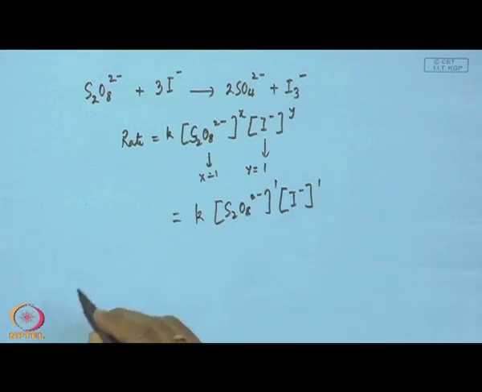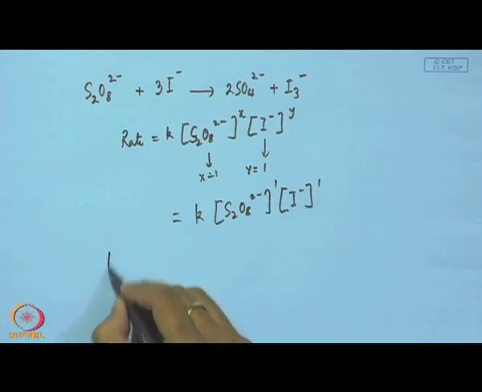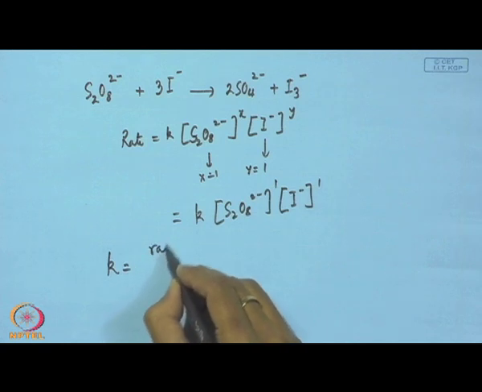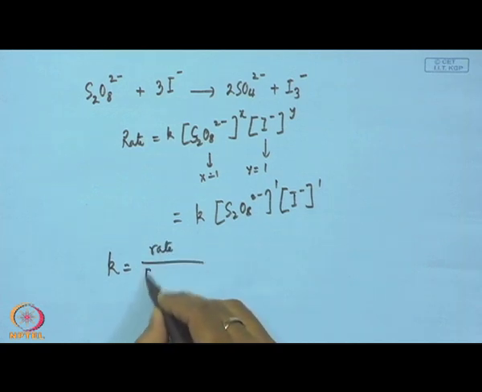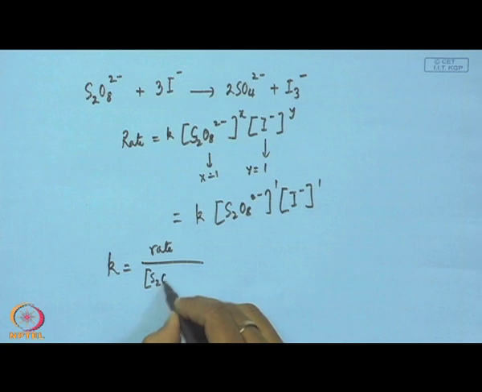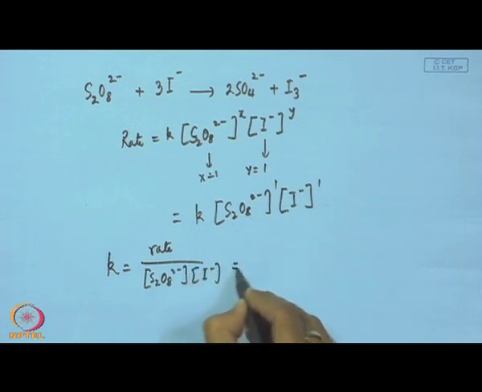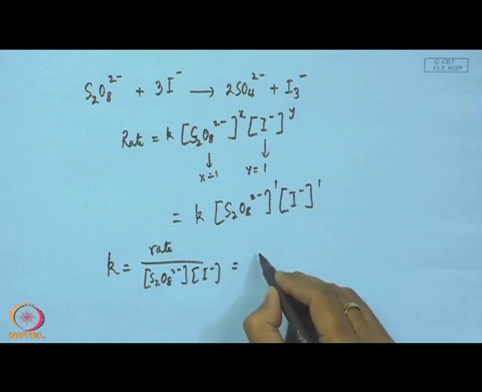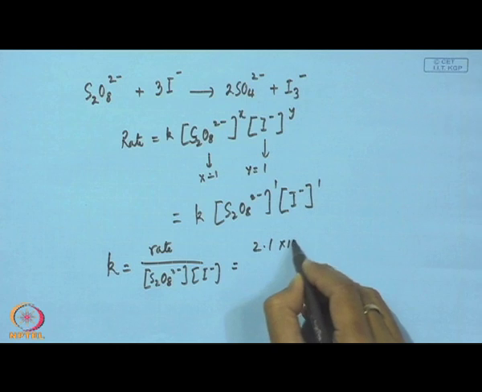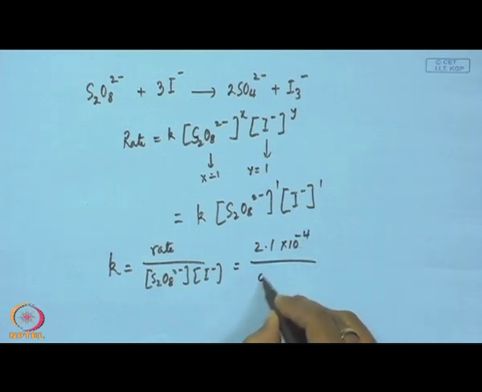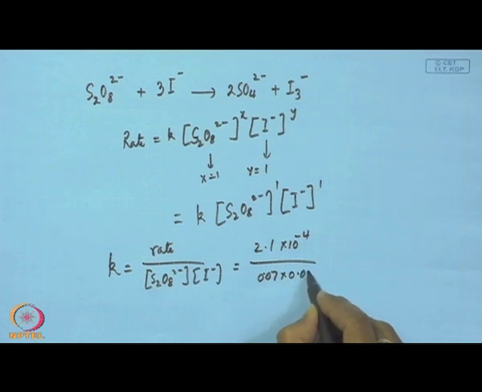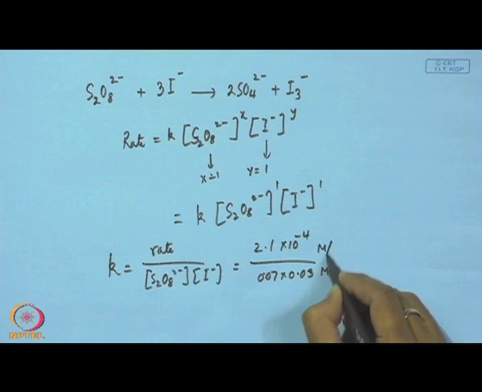And also k will be equal to rate divided by [S2O8 2-] times [I-]. It is basically 2.1 into 10 to the power minus 4 divided by 0.07 times 0.03, in mole square, and this is mole per second.